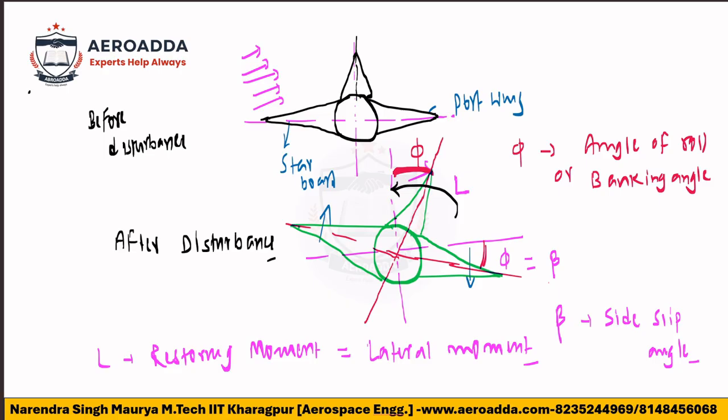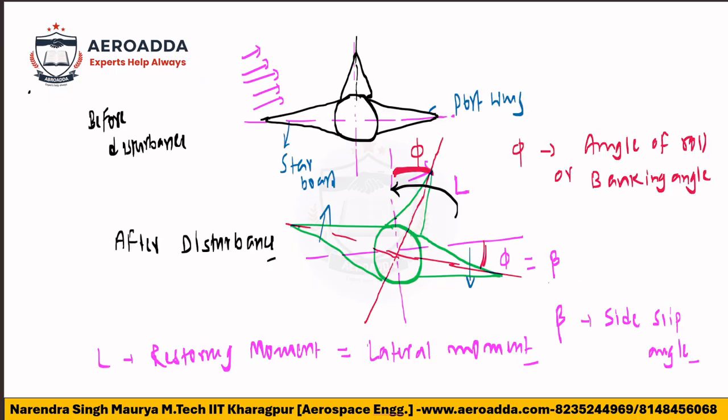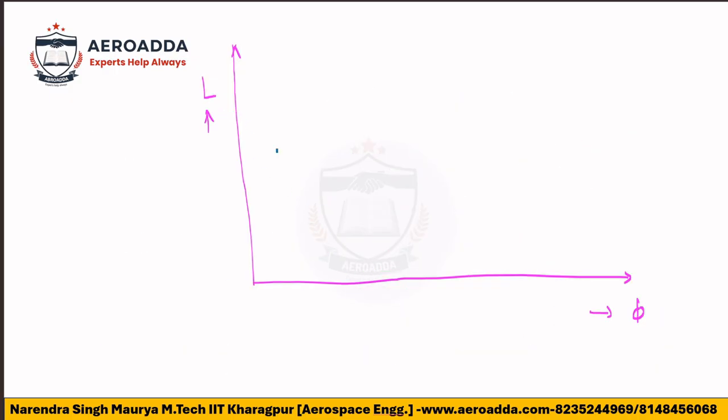So now the overall idea. This L can be positive or negative. In this situation, L versus phi, this is the L rolling moment and this is the phi. If you draw the graph, you get the gradient.